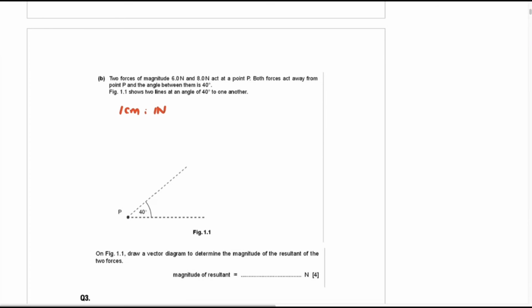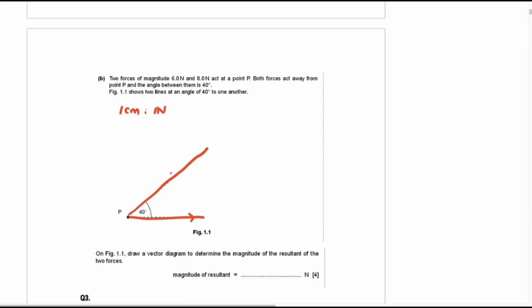You set up something like 1 cm, 1 Newton. Then imagine that you draw a 6 Newton and an 8 Newton force on this diagram. So we should expect one of the lines to be 6 cm. You have to use ruler to measure 6 cm, and then 8 cm.